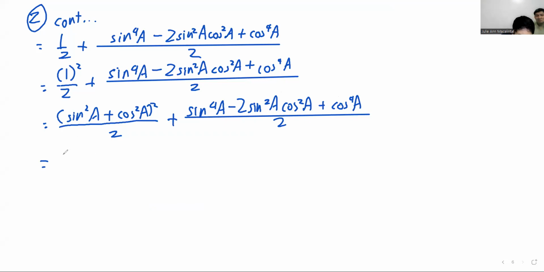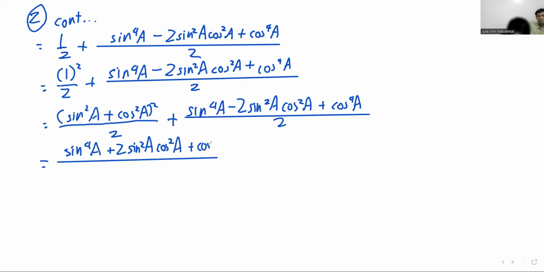Okay, so as I was expecting, this will yield sine to the fourth a, and then there's plus 2 sine squared cos squared. I wish they would just invent such a notation. Plus cos fourth a over 2, and then plus this humongous other fraction.